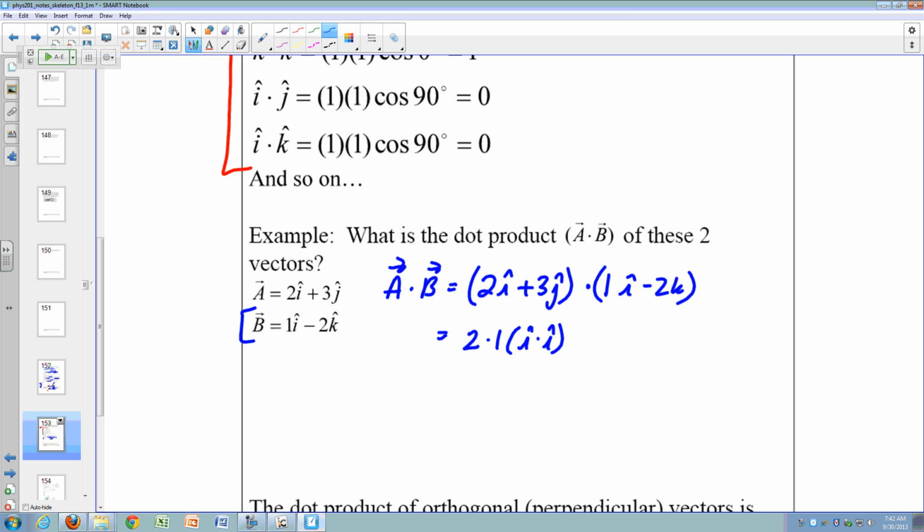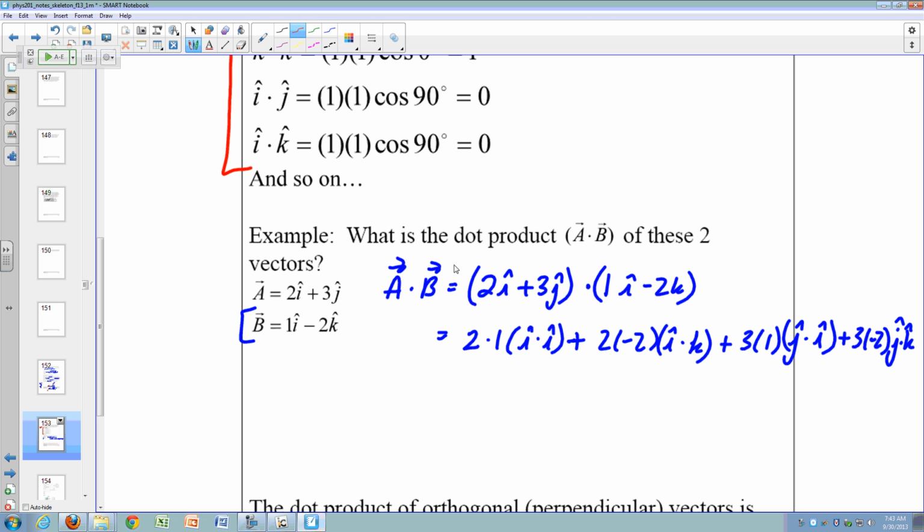Let me write this out, though, so we can just see. That's my first, my outer is 2 times negative 2 times I dot k. My inner is 3 times 1 times j dot I. And then my last is 3 times negative 2 times j dot k.